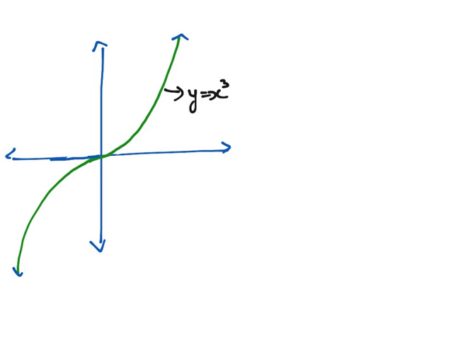Now let us look at this graph of the function y equal to x cubed. You see here this part is concave down and this part is concave up, right? Concave down and this is concave up.